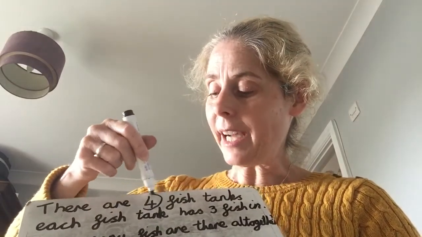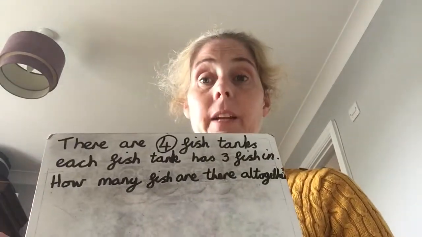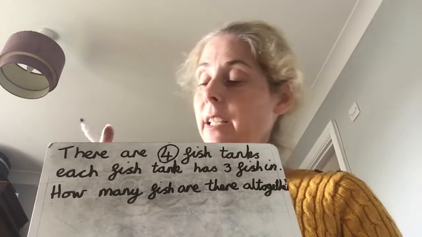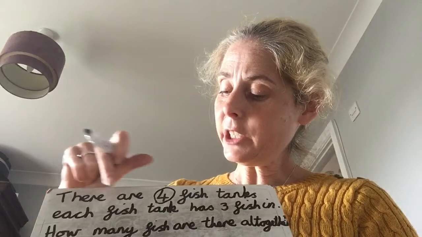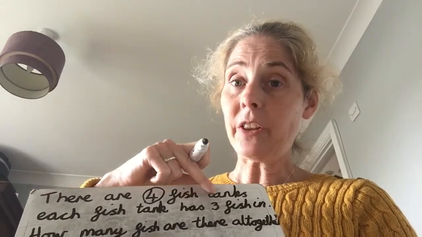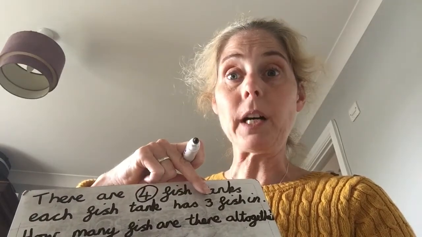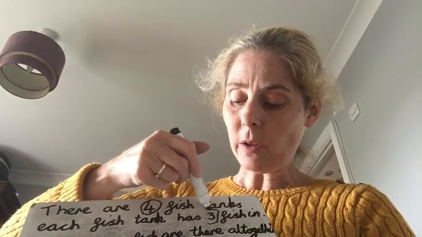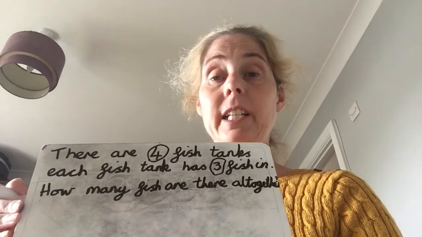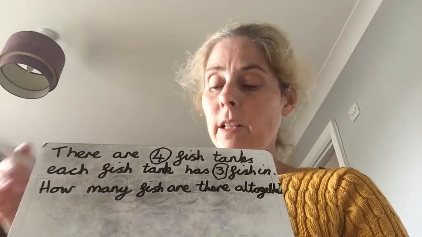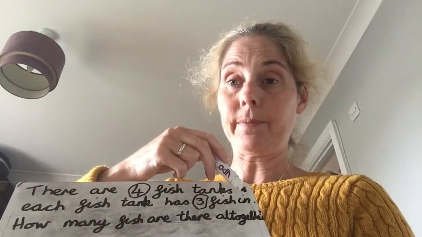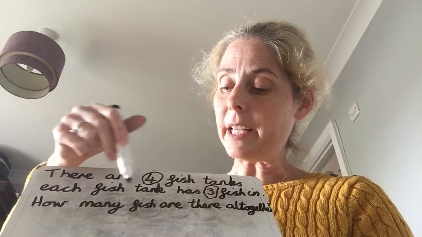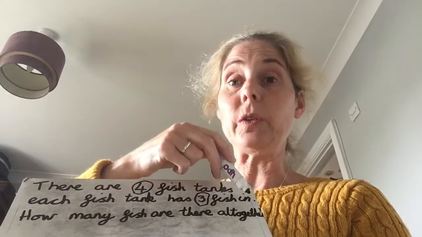I'm going to need that, so I'm going to circle it. Okay, I know I'm going to need it. So there are 4 fish tanks. Each fish tank has 3. Oh, look, another number. I'm going to need that, so I'm going to circle it or underline it. Okay, so each fish tank has 3 fish in. How many fish are there altogether?